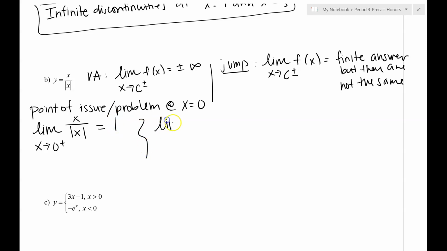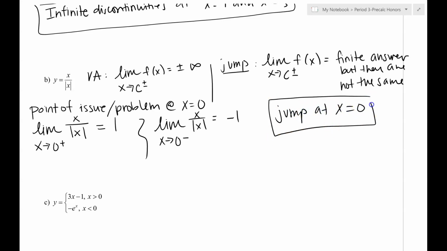Now check x approaching 0 from the left of the same function. This should be negative 1. So as you can see, you have a finite answer. They are not the same. So the discontinuity location is a jump at x equals 0. Okay.